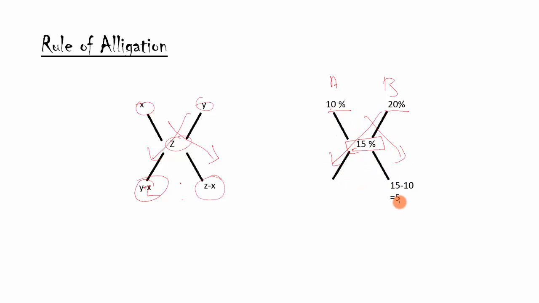So 15 minus 10 is 5, and 20 minus 15 is 5. The 5s cancel, so it is a 1 is to 1 ratio. A and B are mixed in a ratio of 1 is to 1. That is also quite evident, right? From 10% and 20%, we are getting 15%, so we would have mixed equal quantities of both.